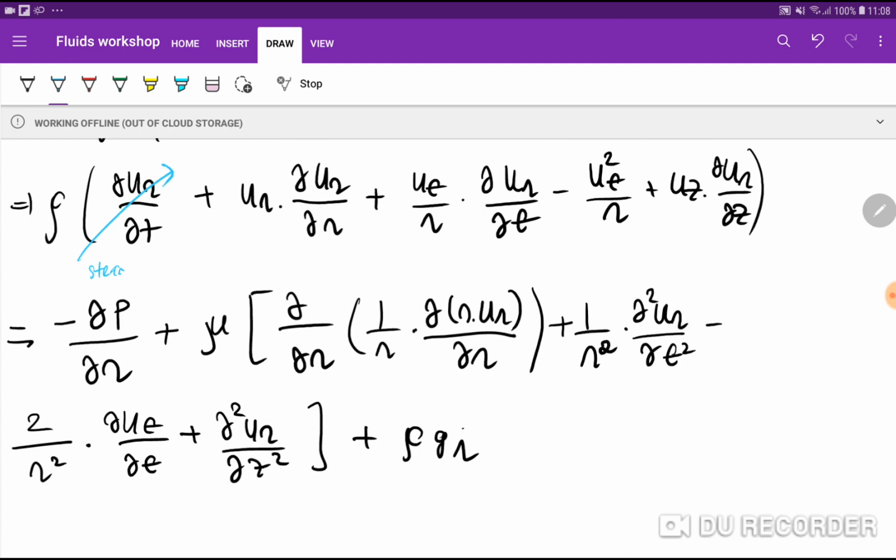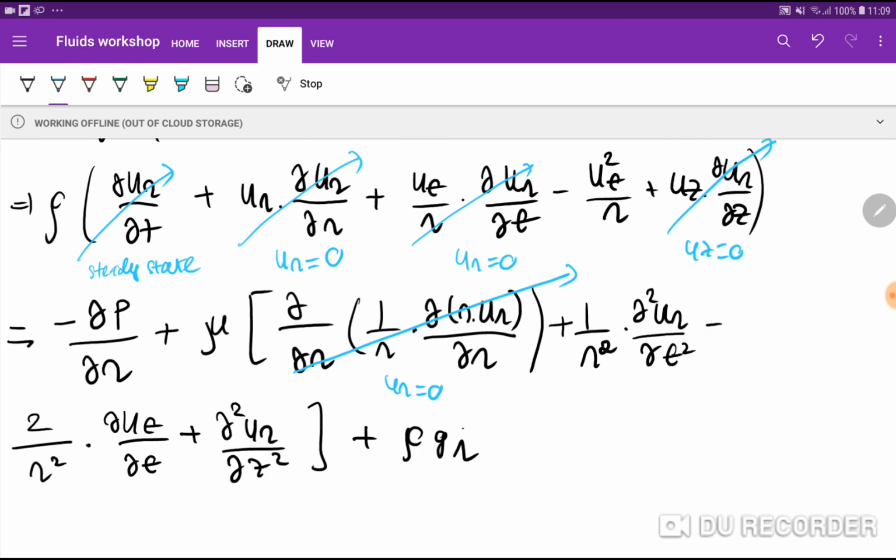The next thing we can say, this cancels out because we already determined u_r is 0 in part A. This term right here also vanishes because u_r equals 0. This term right here stays. This term right here vanishes because u_z equals 0. All of this right here cancels out because u_r equals 0.